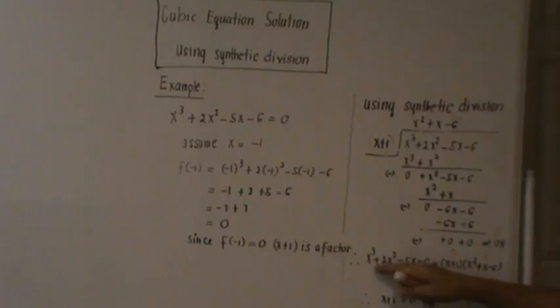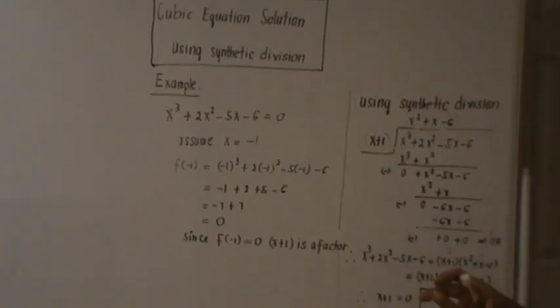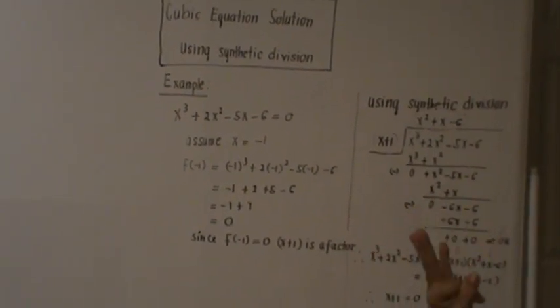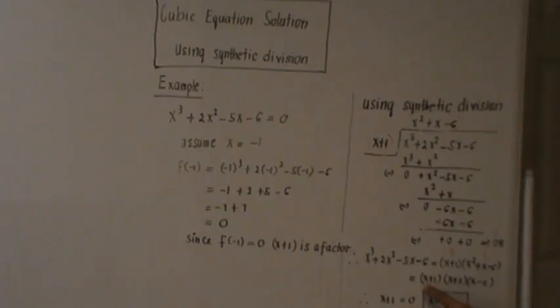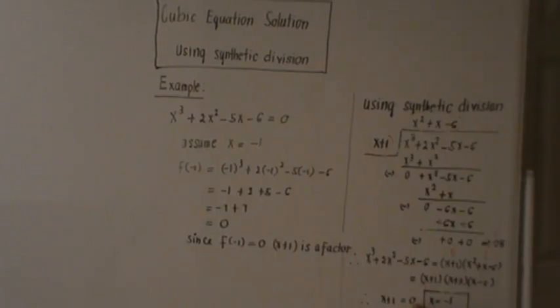And for us now to compute the possible factors, we'll just equate each factor to 0 and we can compute the three possible values of x. It's a cubic equation, so it should be 3. If we equate x plus 1 equal to 0, the first value of x will be negative 1 after the transposition. Equating the next factor to 0, x plus 3 equal to 0, after the transposition, x will be negative 3.